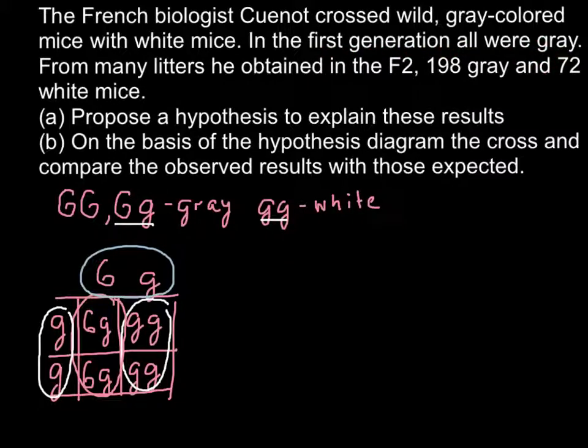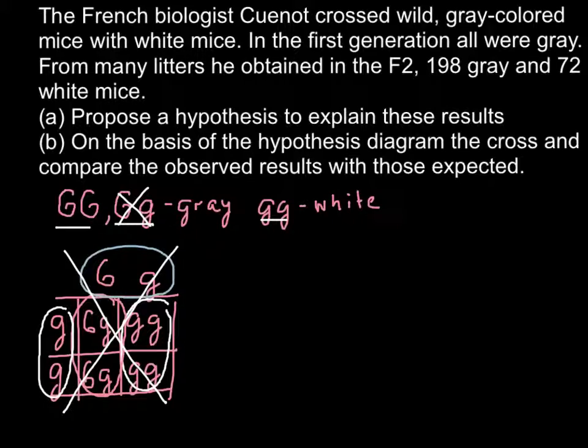So we have to exclude these results. So this is not the cross that we are looking for. And now let's try another cross. So we have to cross out this genotype as one of the possible genotypes for the gray. And let's now try this genotype.